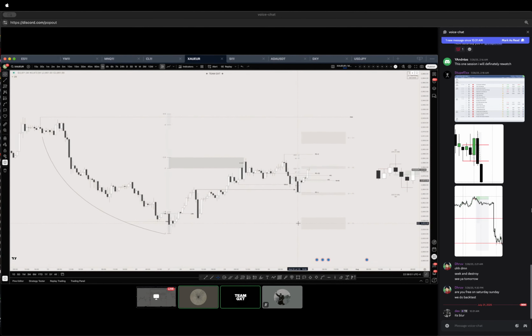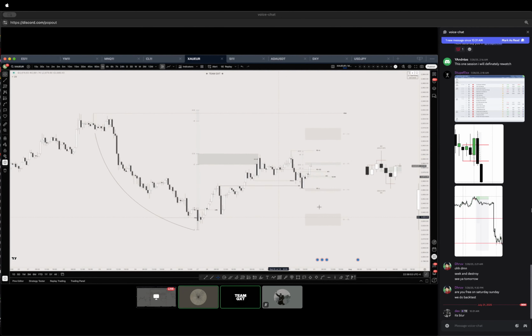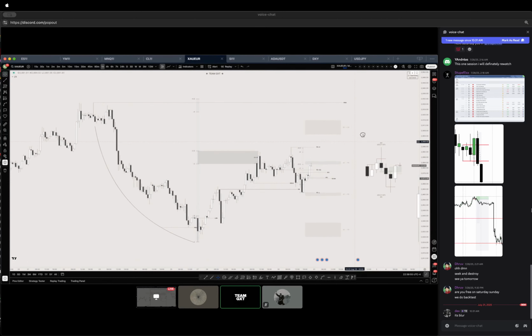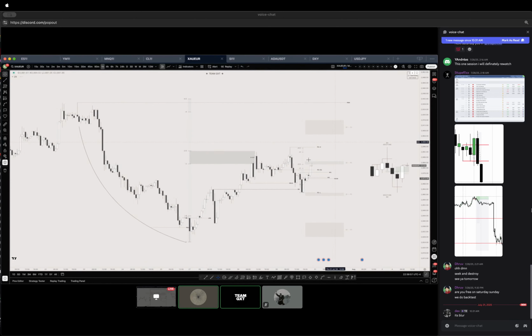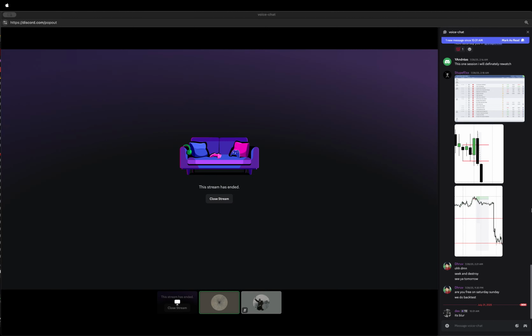Unfortunately, I can't trade gold euro on any of my firms or challenges, so oh, okay, my computer just restarted. I'll just wait till it restarts again. I don't know what happened there, it crashed.